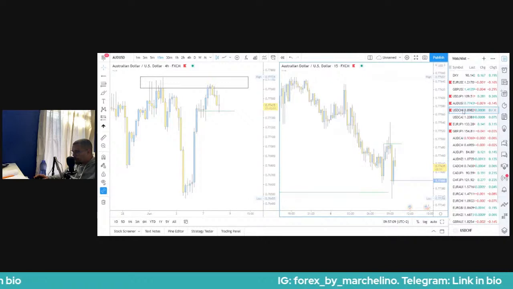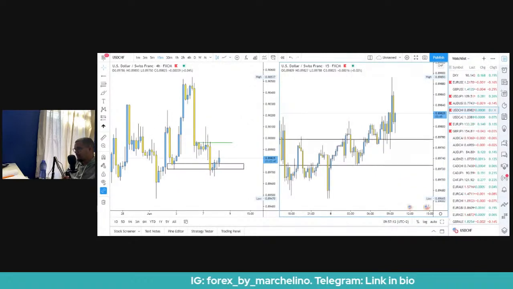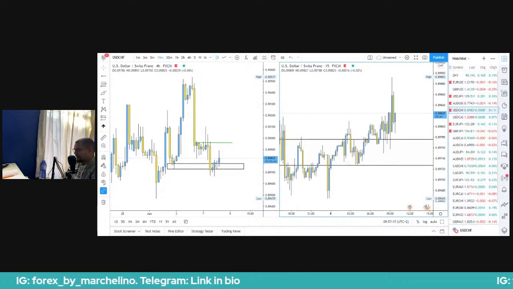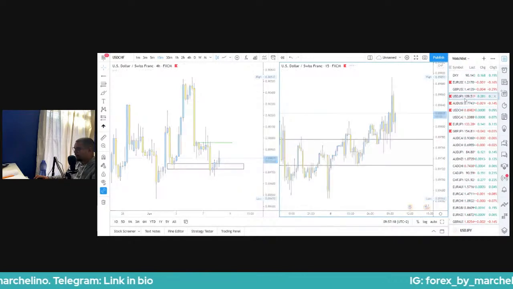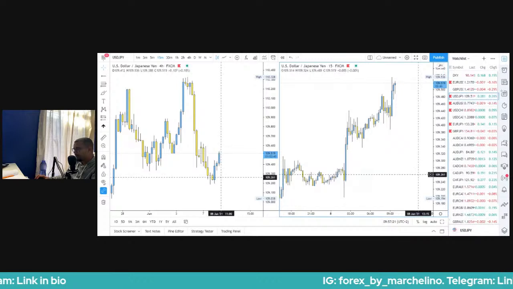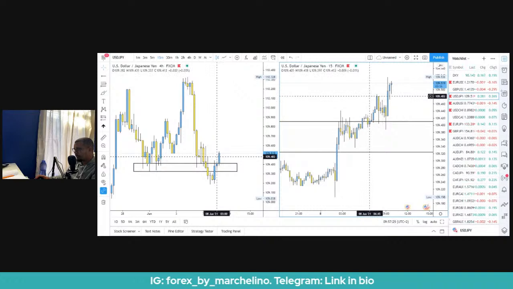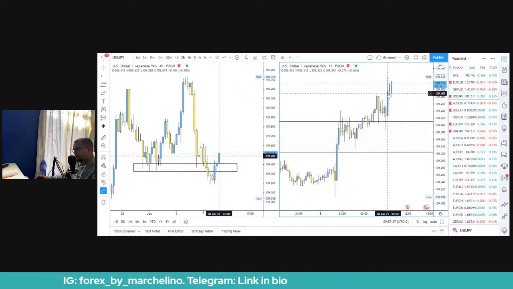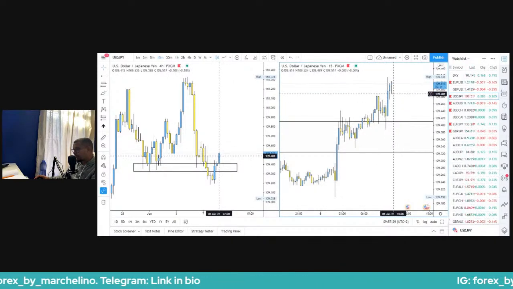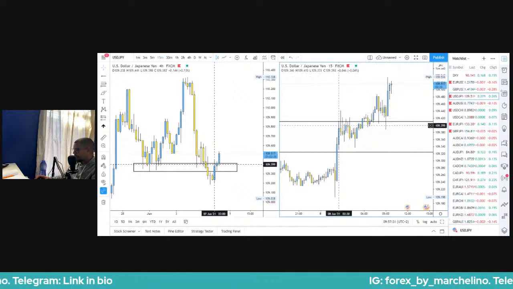Now I want to keep an eye on this USD CHF that isn't doing anything. I think USD JPY is probably doing more. Yep, USD JPY is doing more. Broke above this key level, made a wick, continued higher.